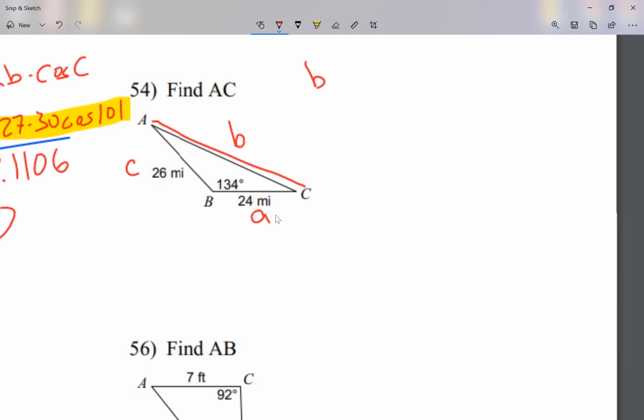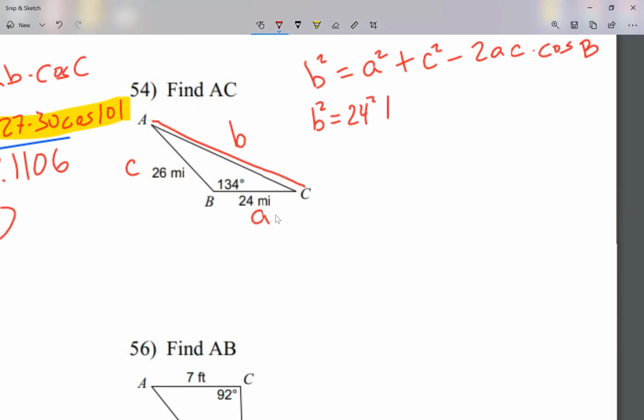B squared is equal to A squared plus C squared minus 2 times A times C times cosine of angle B. So I have B squared is equal to 24 squared plus 26 squared minus 2 times 24 times 26 times cosine of 134.